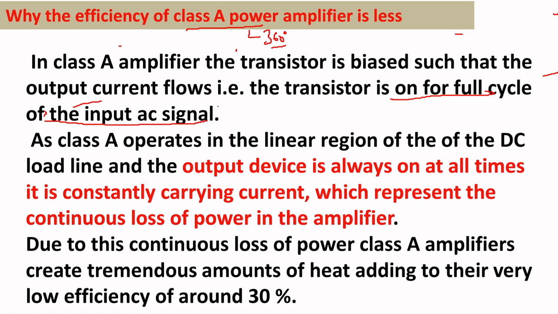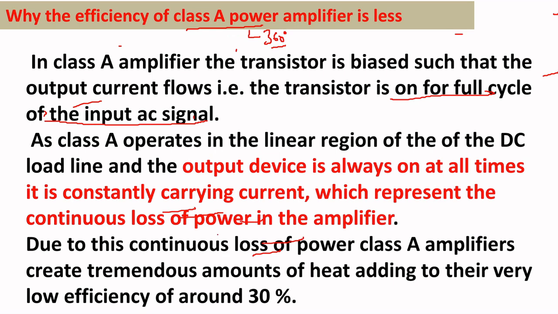That means for both the positive and the negative swing, your transistor will be on. The output device is always on at all times, consistently carrying current, which represents a continuous loss of power in the amplifier.